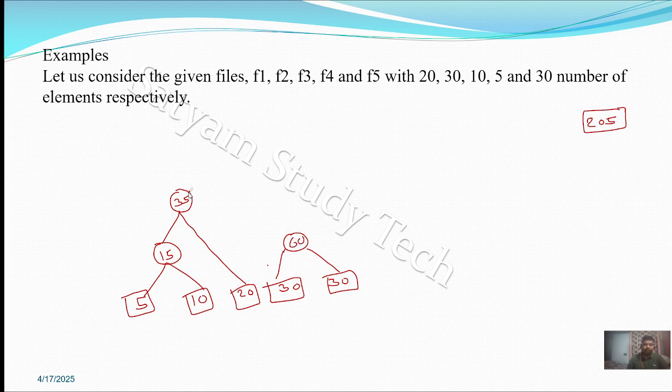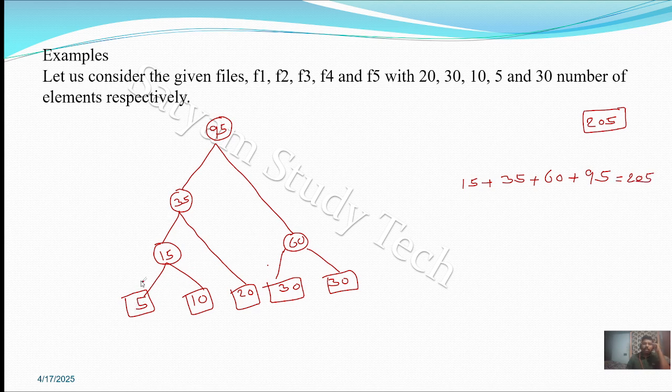Then here 35, 60, that is 95. You can see another way also. Here the sizes are 15, 35 plus 60 plus 95. So that is equal to 205.